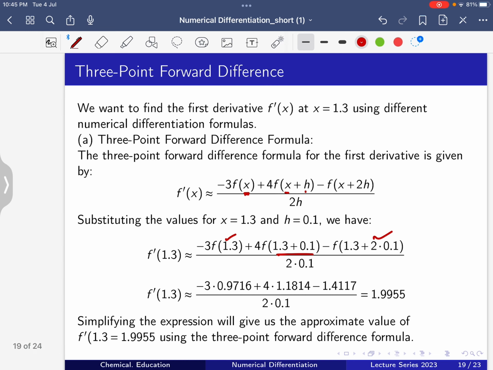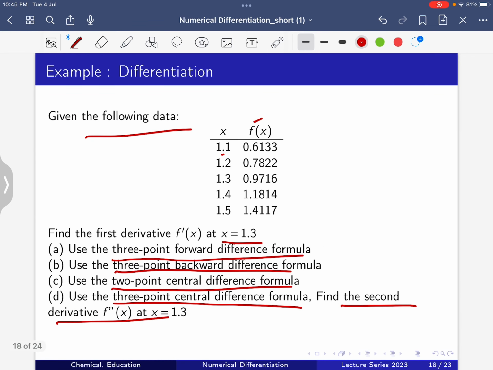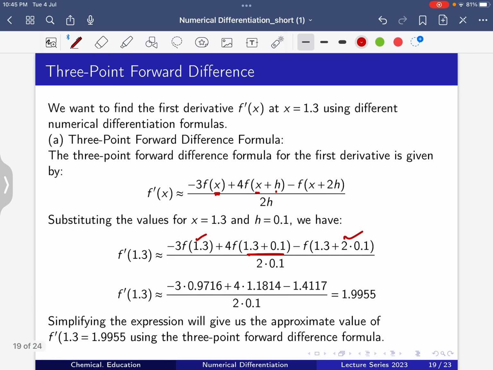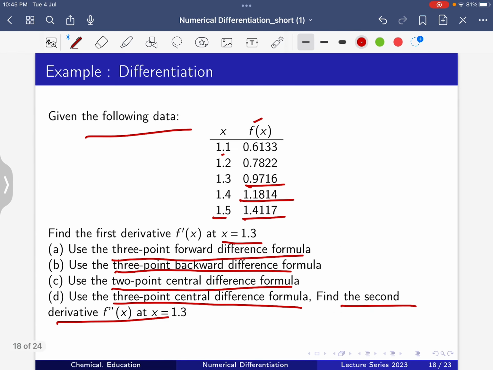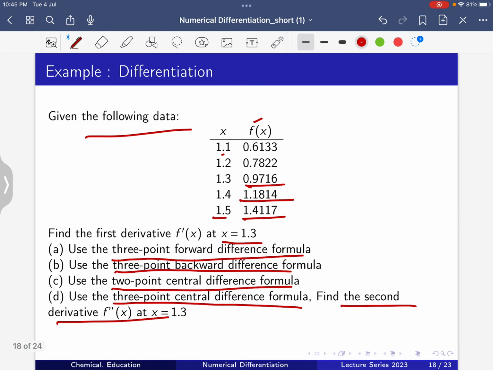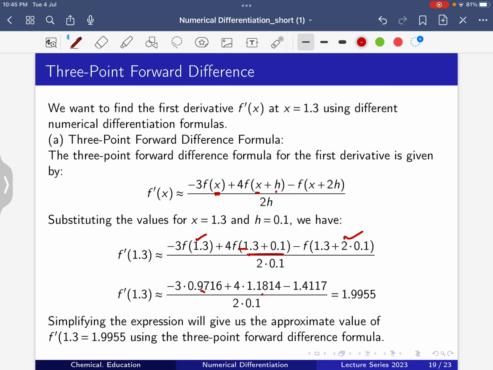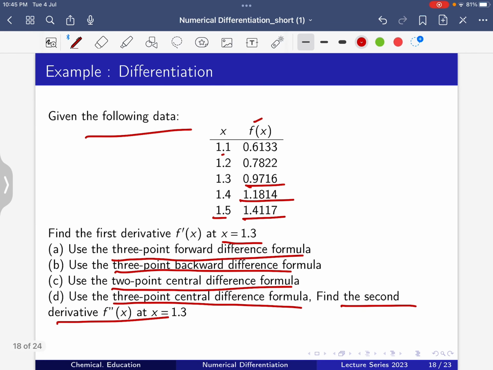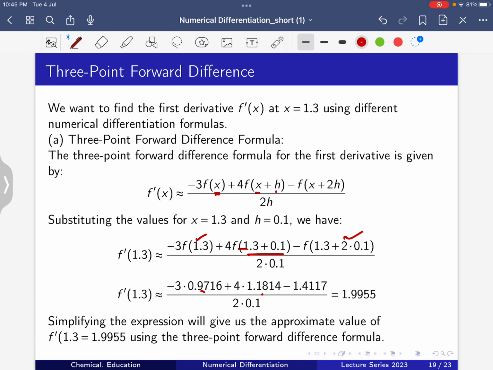Now corresponding to those x values, we take the function values. f(1.3) means 0.9716. f(1.4) means 1.1814, multiplied by 4, and f(1.5) means 1.4117.